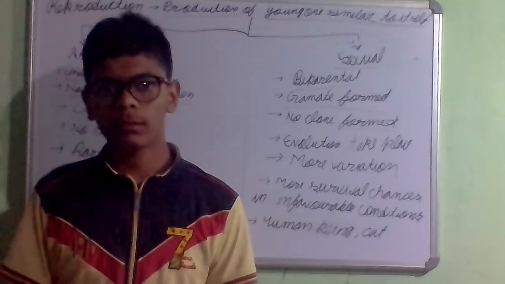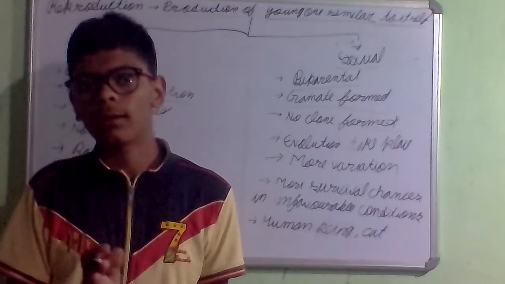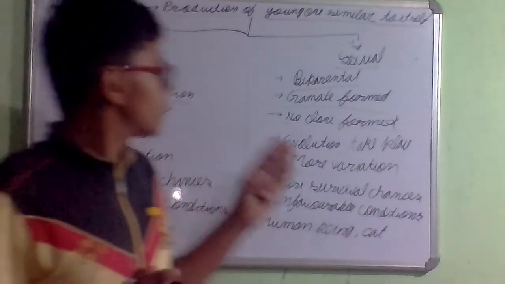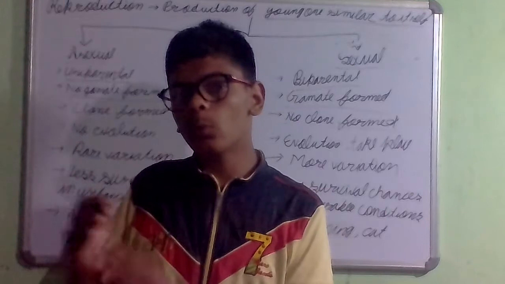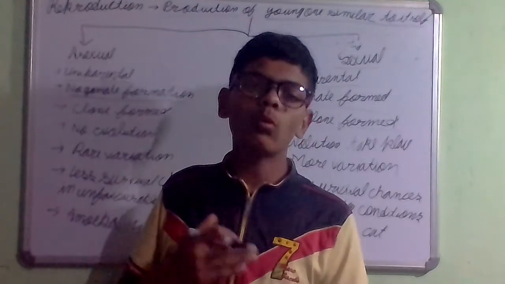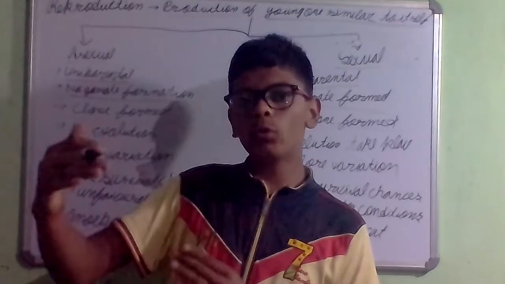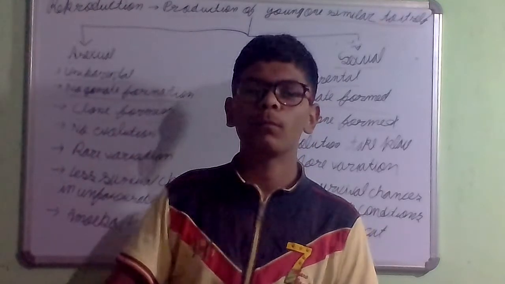They can be clones of each other, not of their parents. In sexual reproduction, no clone of the parent is formed, means the new offspring will not be exactly the same as their parents.